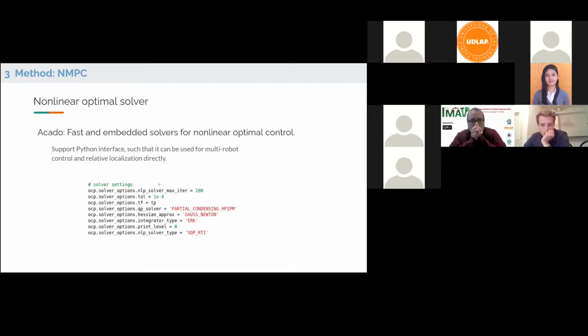So in this solver we set the prediction steps as 50 steps, and also the stop criteria error is this, and also we decided to use these settings for this Acados program.